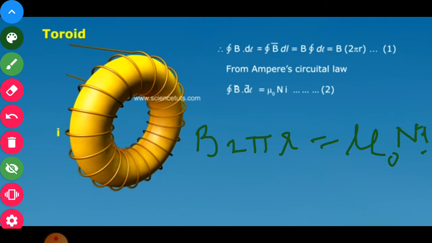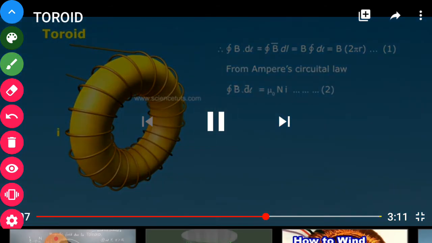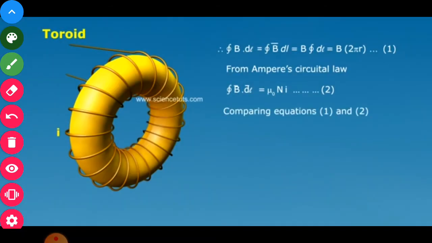Now you can easily simplify this. We can take the 2 pi r in the denominator, so B into 2 pi r is equal to mu 0 N I, and 2 pi r can be taken in the denominator.